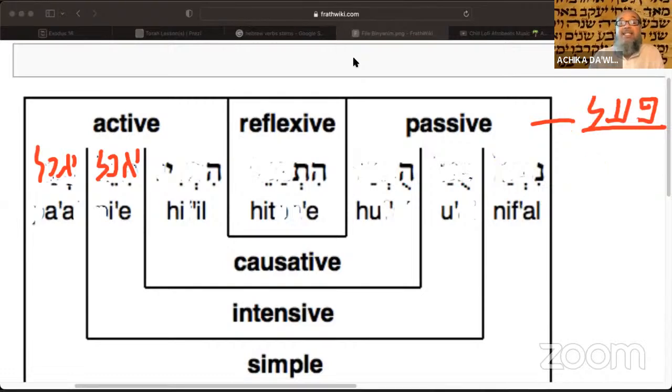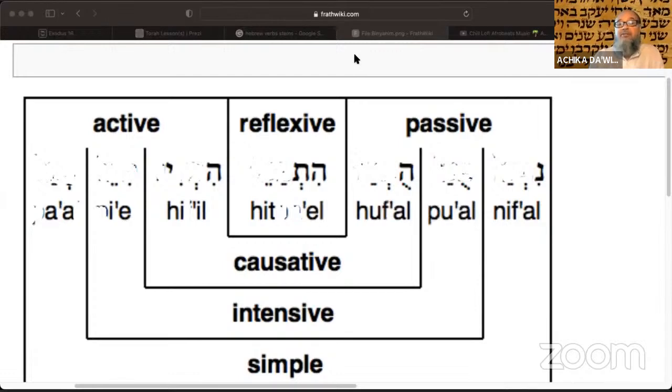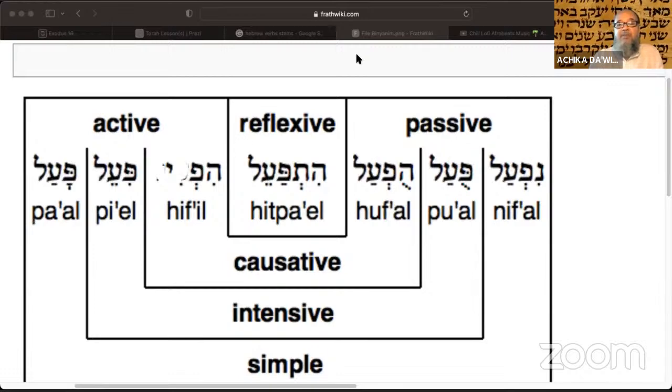What makes it easy is all you have to do is replace those 3 letters with whatever letters you want. If the P is the first letter, you replace that with whatever first letter of your root. If the second letter is an ayin, you replace that with whatever letter you have in your second part of your root. If it's a third letter, which is lamed, you get rid of that, because you're introducing another stem. So pa'al is a stem, but it's just telling you how the stem works. That's all it's telling you.